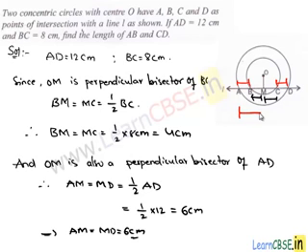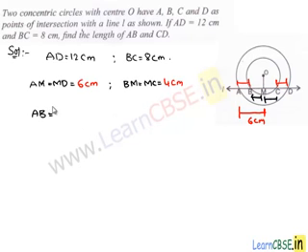By using these two, we can find out the lengths of AB and CD. Here we have AM, which is 6 centimeters, and BM, which is 4 centimeters. Therefore, we get AB by removing BM from AM. AB is equal to AM minus BM, which is 6 centimeters minus 4 centimeters, which is 2 centimeters.